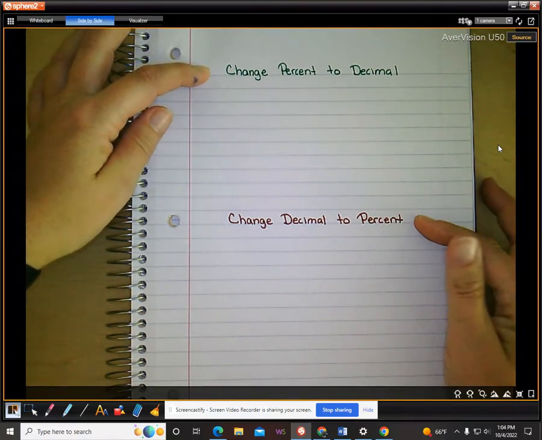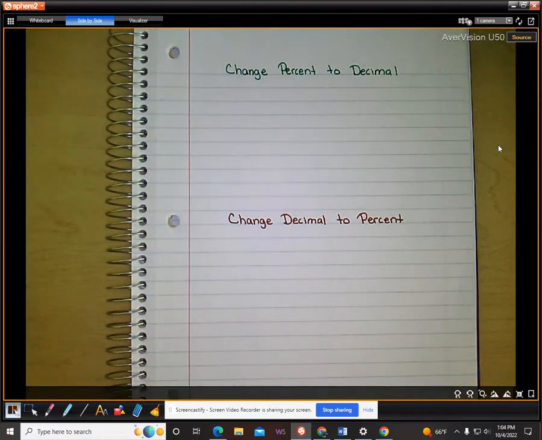All right. So today we're continuing with the same standard that we've been doing. No matter which form of a number you're given, decimal, percent, fraction, you should be able to switch to the other two. So if I give you a decimal, you should be able to change to a fraction and a percent.